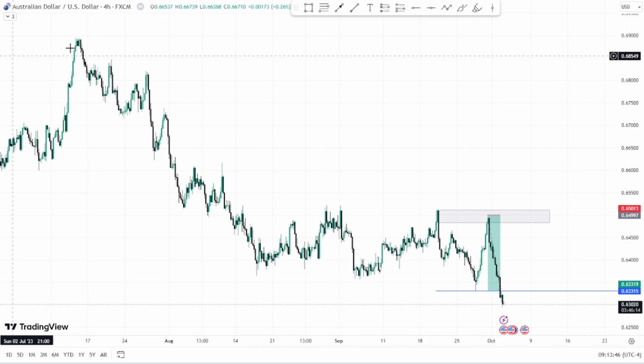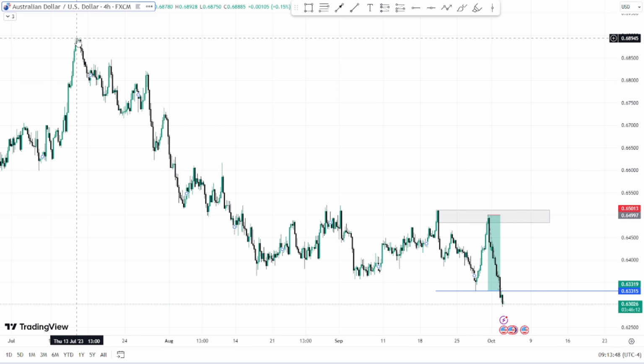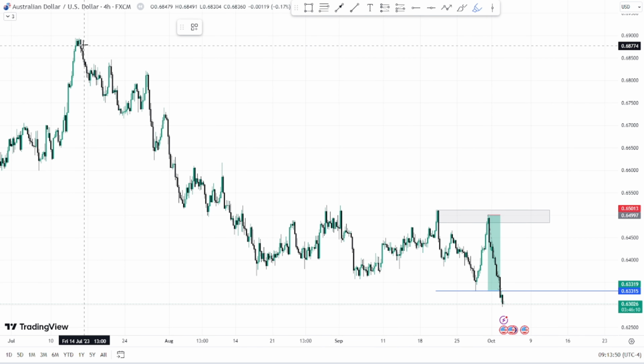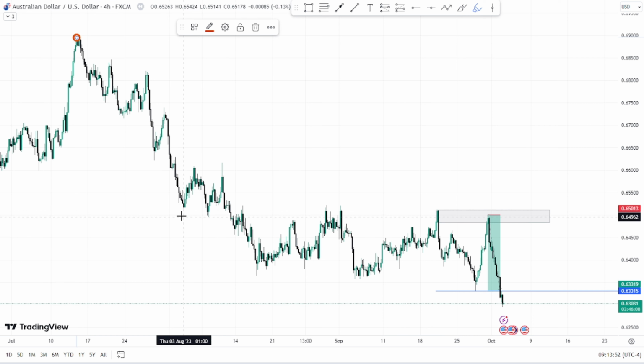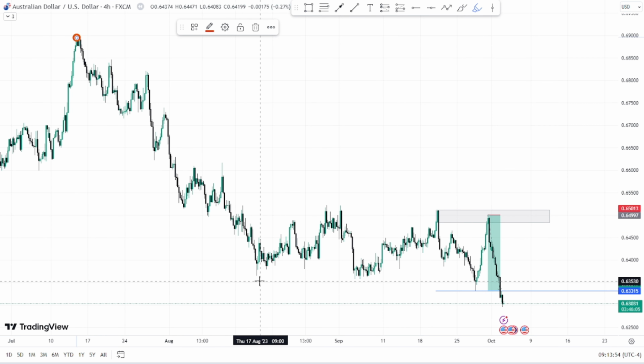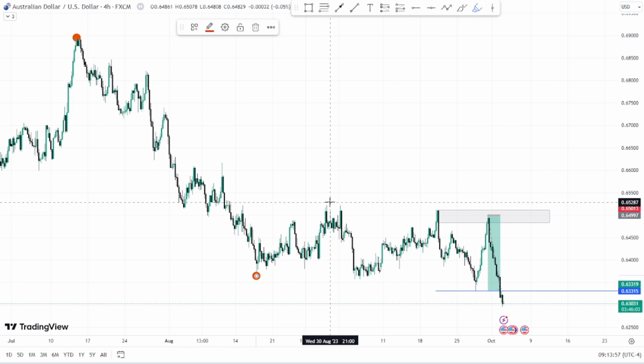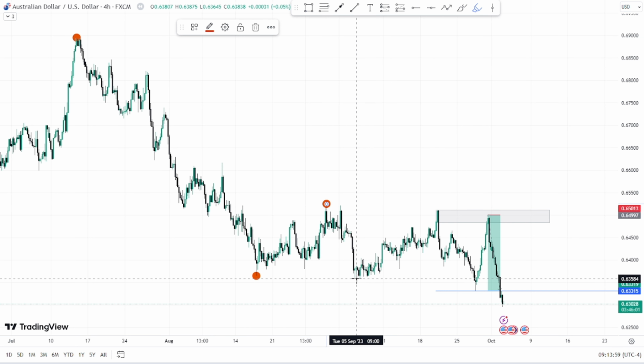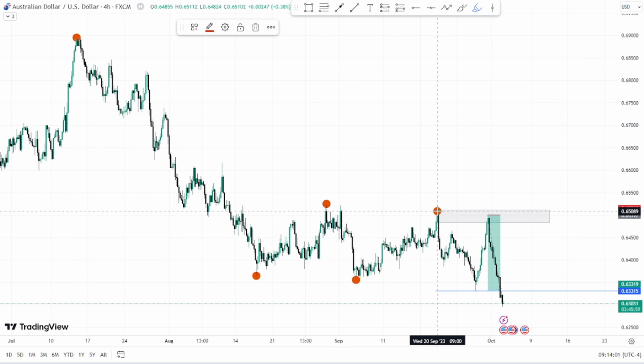So at the moment, we can very clearly see a high up there. We see a high here. Then we see a low here, and lower high, lower low, lower high, lower low, lower high, and lower low. So we are currently going to the downside.